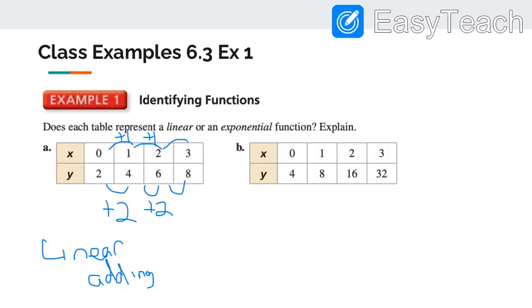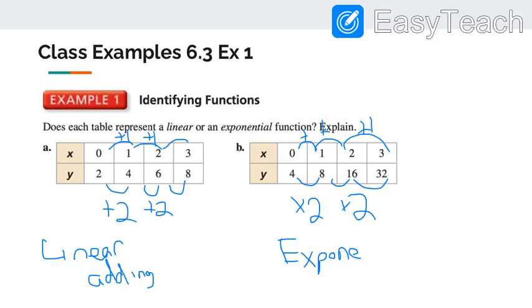It's constant. For our b question, again, our x values are increasing by 1, which is good, but our y values are doubling. So this one's actually times 2, times 2, times 2. So this one is exponential, because it's doubling.